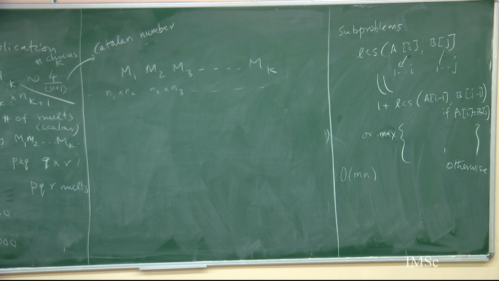I want to exhaustively try all possible things, but that's like 4 power k choices. But I have this optimum substructure property. Let's see whether it is there. How do I break up my problem recursively, find the optimum substructure property, and then we'll be in shape? So what should I do? What is it?